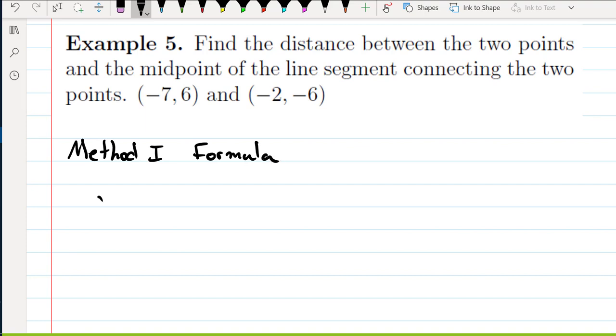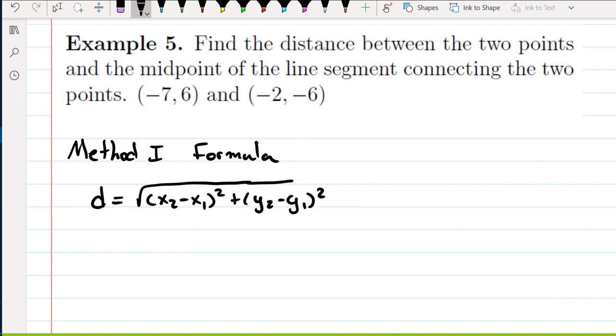So to find the distance between the 2 points, we have that the distance is the square root of x2 minus x1 squared plus y2 minus y1 squared. So then we would put in all of our values. So our x1 is negative 7. Our x2 is negative 2. Our y1 is 6.